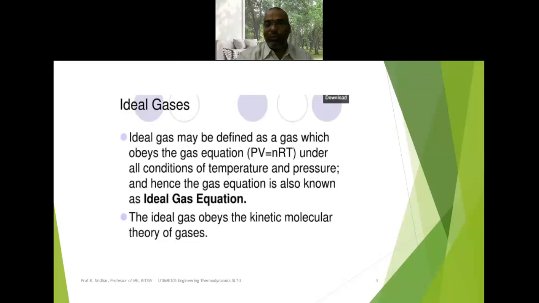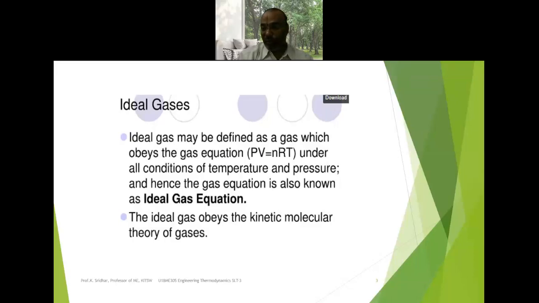But before discussing real gases, it is very important to know how we can define the ideal gas in other forms also. An ideal or perfect gas has no molecular force of attraction and no molecular force of repulsion among the gaseous molecules.